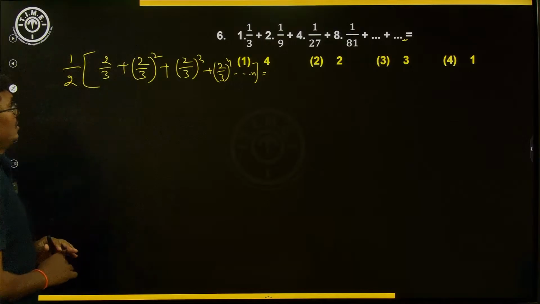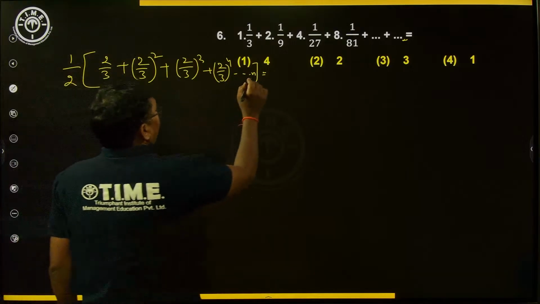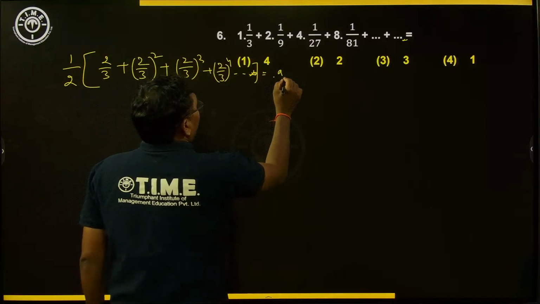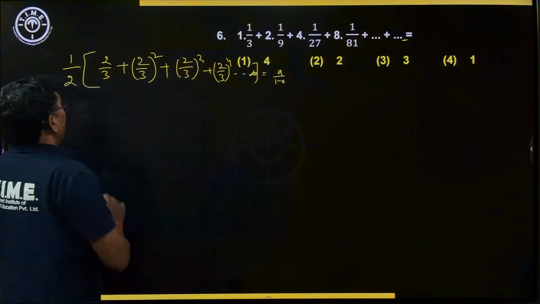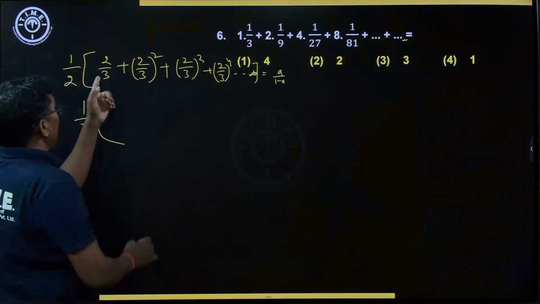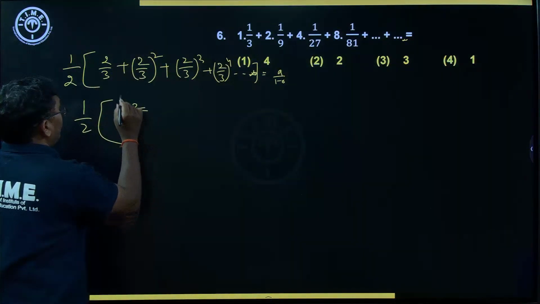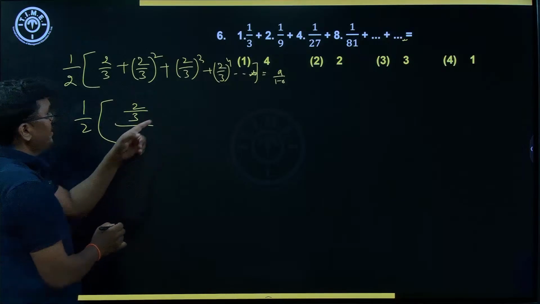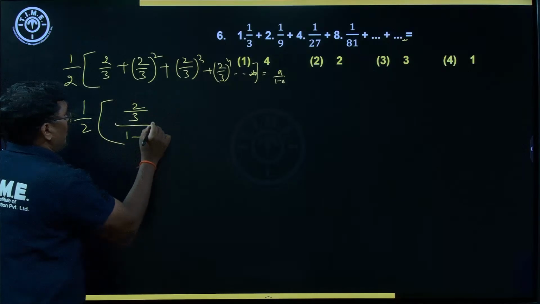Sum till infinity means a by 1 minus r, right? So 1 by 2 times this sum of the infinite series. The first term is a, that is 2 by 3, so a by 1 minus r is 2 by 3 divided by 1 by 3, right?